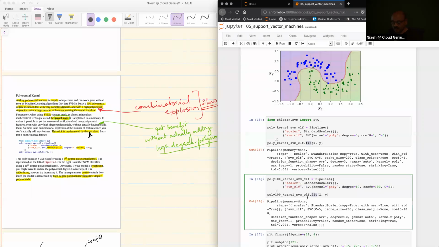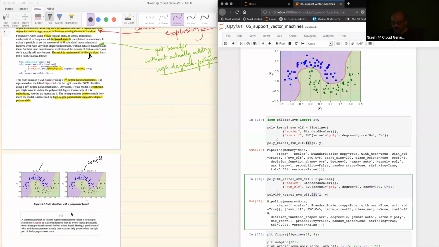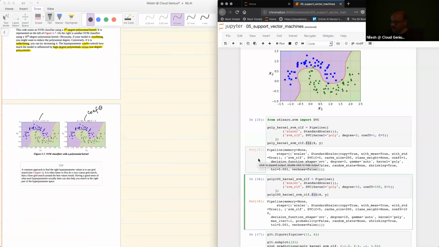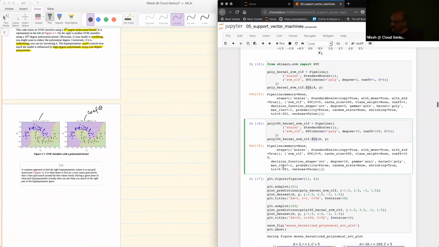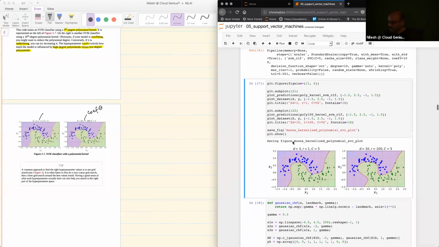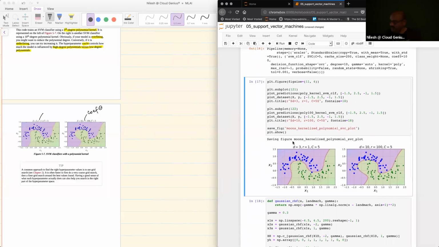So the 3 degree polynomial and 100 degree polynomial, let's see how the two compare side by side. The picture already shows you that in the book. Let's run a 100 degree polynomial and see how efficiently it actually produces the output. So I'm going to execute it right now. Here we go. It is finished already. And let's plot the pictures. And you will now see the benefits of a higher order polynomial without actually going through the math needed to make it unnecessarily complex.